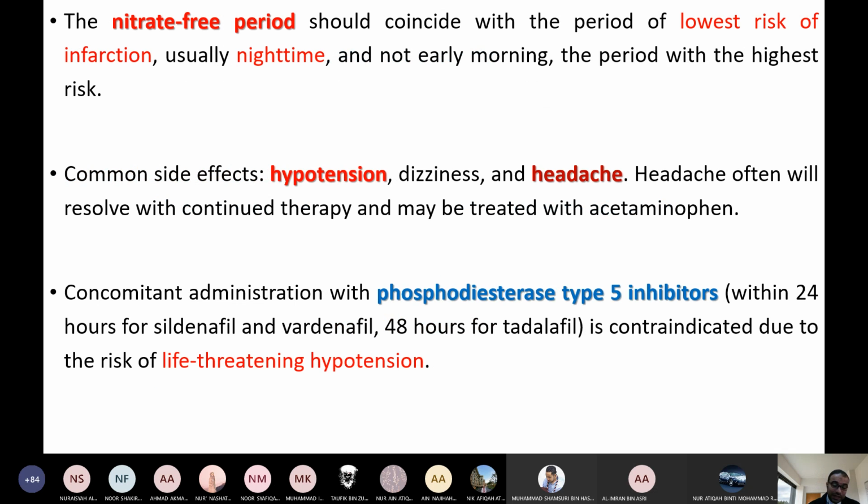Usually the nitrate-free period will be at the time that has the lowest risk for ischemia, meaning the night time. In the early morning is the highest risk, so usually we give the medication in the early morning. So the scheduling of the nitrate is giving the medication in the early morning, and designing the nitrate-free period at night, to parallel the risk of ischemia, which is very high in the early morning.